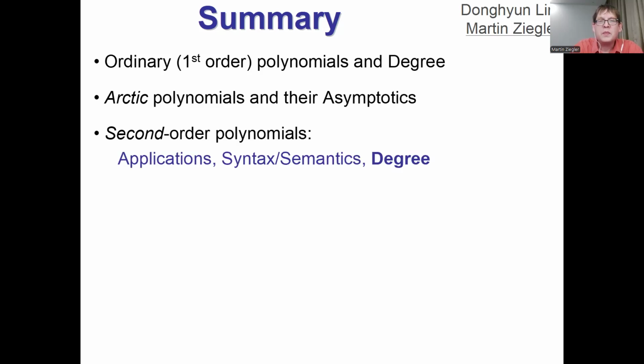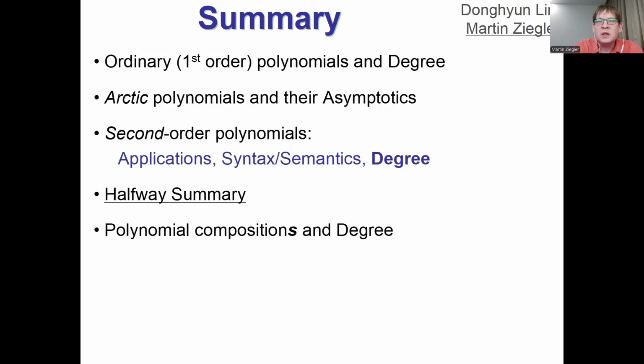Then second-order polynomials, their applications in complexity theory and in hard analysis, syntax and semantics, and their degrees, having applications as a way of specifying asymptotic growth to various levels of detail and also various levels of conciseness.